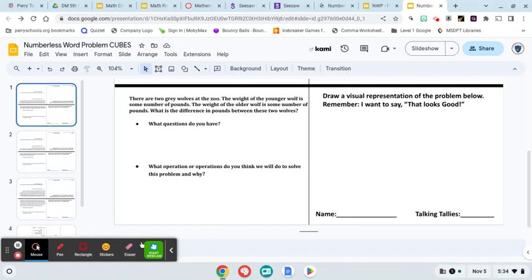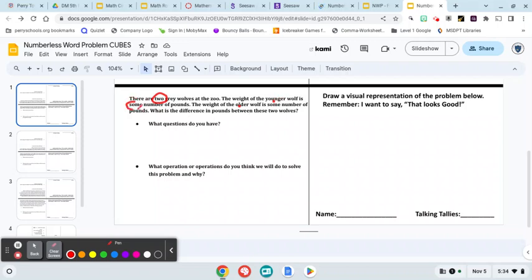Using the cube strategy, I know that I need to circle numbers. I'm first going to circle the 2. Once I've circled the 2, I'm going to look for other numbers that I might need to circle. I know I need to circle 2 because there are 2 total wolves, a younger wolf and then an older wolf. However, it says some number of pounds.